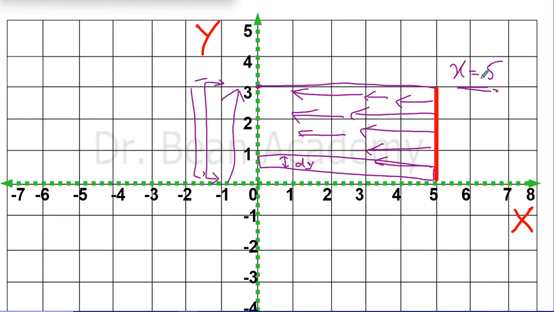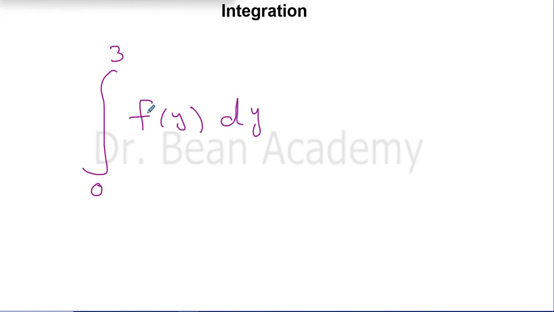I hope you can understand why I am doing that. Because now x is equal to 5, and if I have a rectangle here and I want to find the length of the side of the rectangle, I need to give the value of y here. That will be the side which is touching this, and that value will go into this function, and this function will give me the length of that side, right? That's why I have written f of y here, and the differential width is along the y-axis.